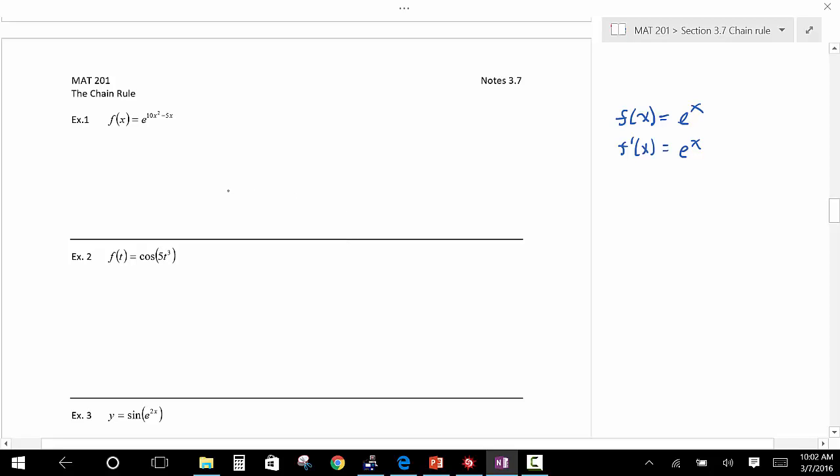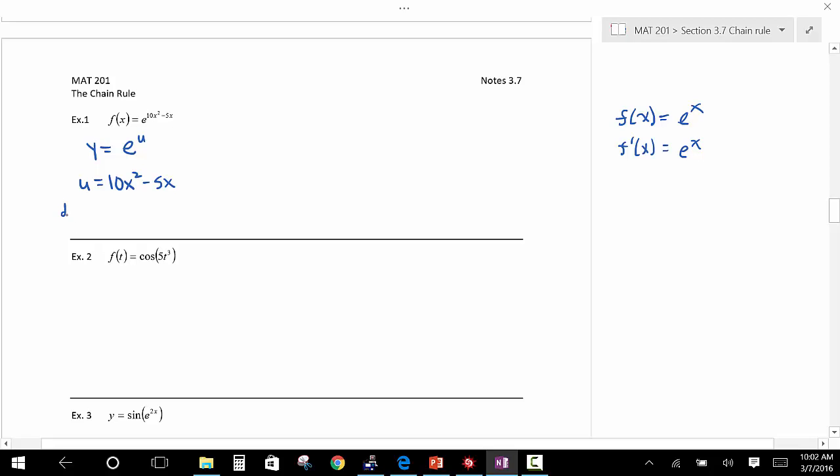Okay, so if you want to do this using the first method, and I'm going to get away from the first method after a couple more of these, you would have to write this as y equals e to the u, with u being 10x to the second minus 5x. What you're trying to do with this is e to the u. You know how to do that derivative. So what's different is that exponent.